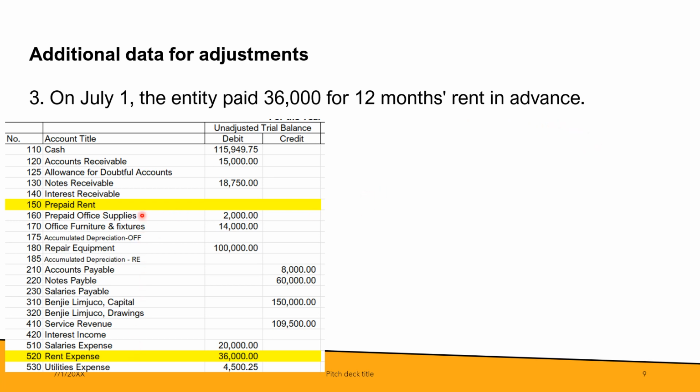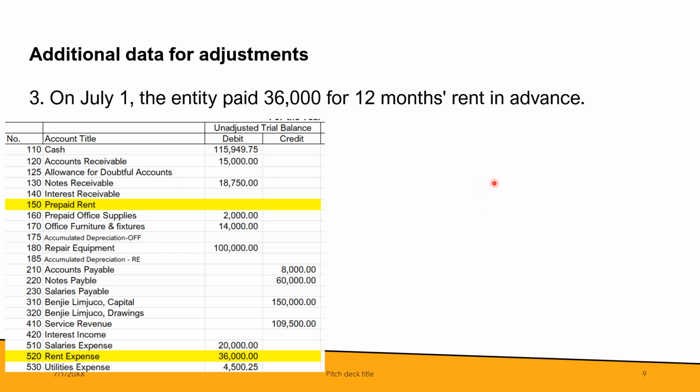Let's check if there's a balance under prepaid rent account. So there's no balance, but in rent expense, there is 36,000 pesos. So meaning the entity used expense method in recording rent in advance. So with that, you have to determine what should be the correct rent expense for the year ended December 31.